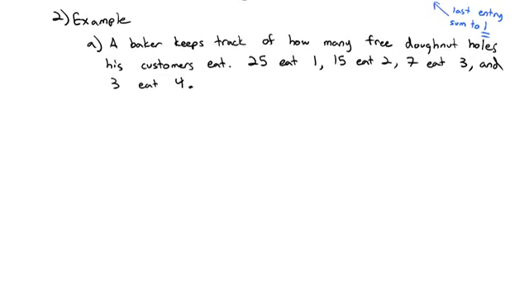Let's make a frequency table. We have the values of 1, 2, 3, and 4 are the number of donut holes that were eaten.